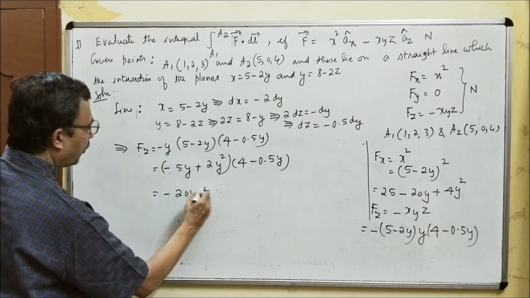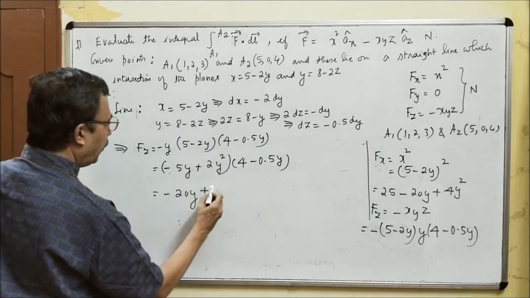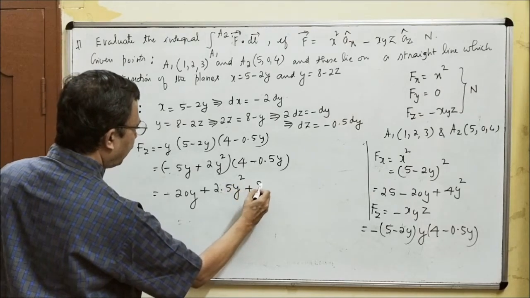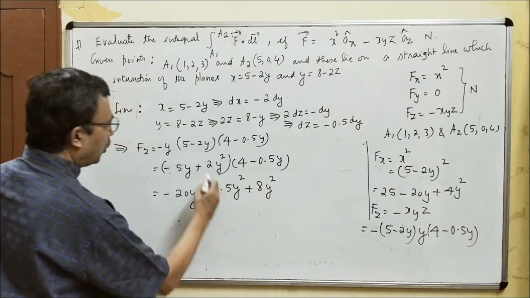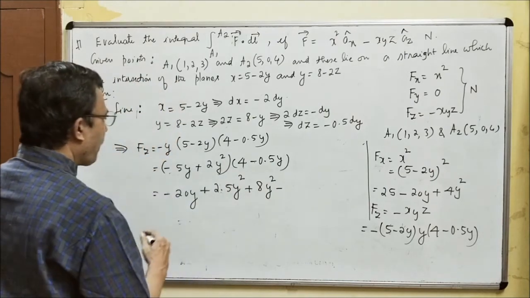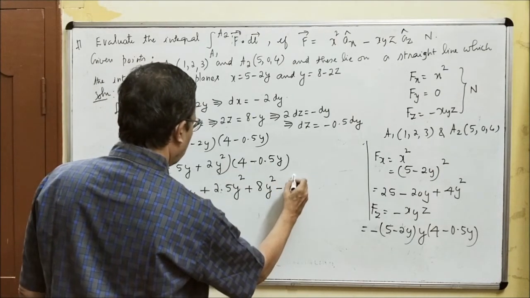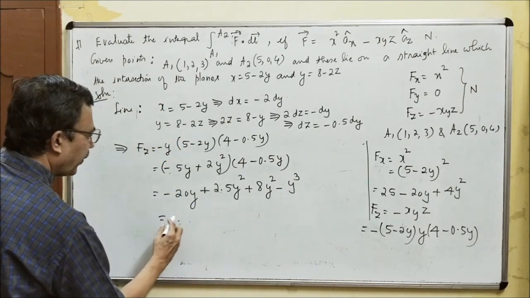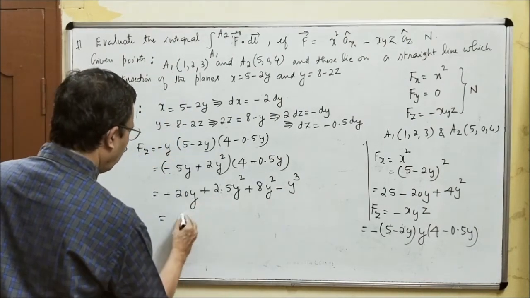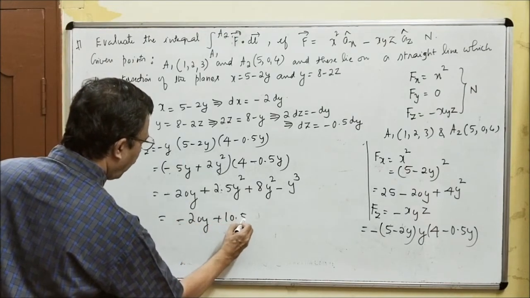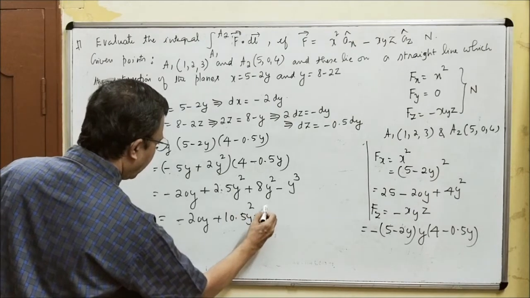Minus into minus is plus, so 5 into 0.5 is 2.5y square, plus 8y square. 2 into 0.5 is 1, so minus y cube. So this becomes minus 20y plus 10.5y square minus y cube.